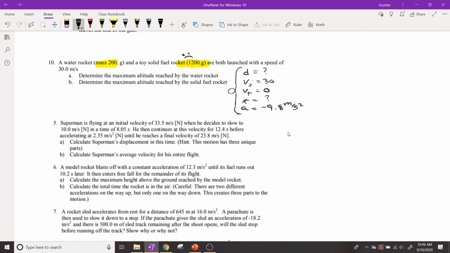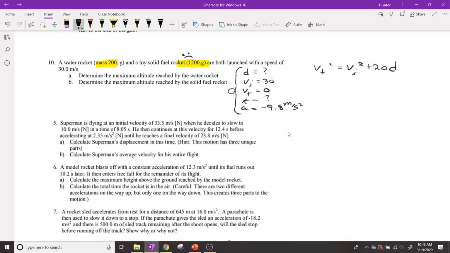We have to solve for t? Okay, so yeah, you can use VF squared equals VI squared plus 2AD. And I think we have enough information for that one. I'll let y'all run that one out because it's 10:46 and I need to at least talk about the Superman one.